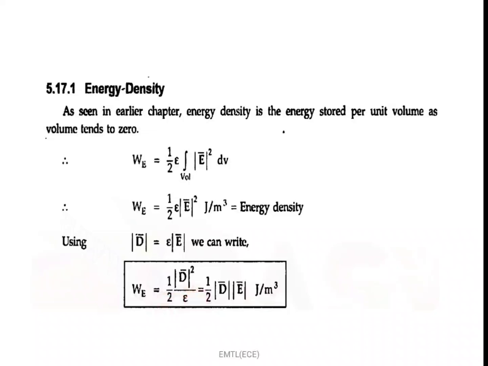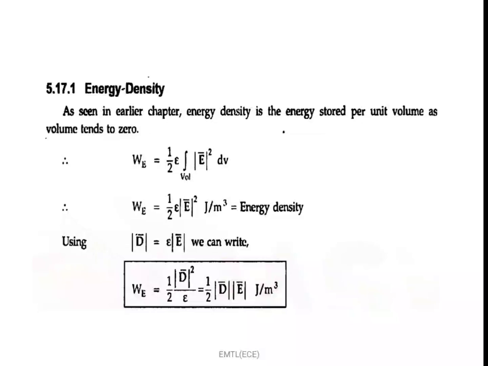These are the different forms of expressions for the energy density, and these expressions are useful to solve problems. If the problem gives the value of electric flux density, then we use 1 by 2 D bar square by epsilon. If the problem gives values for D and E, then we use 1 by 2 mod of D bar mod of E bar.